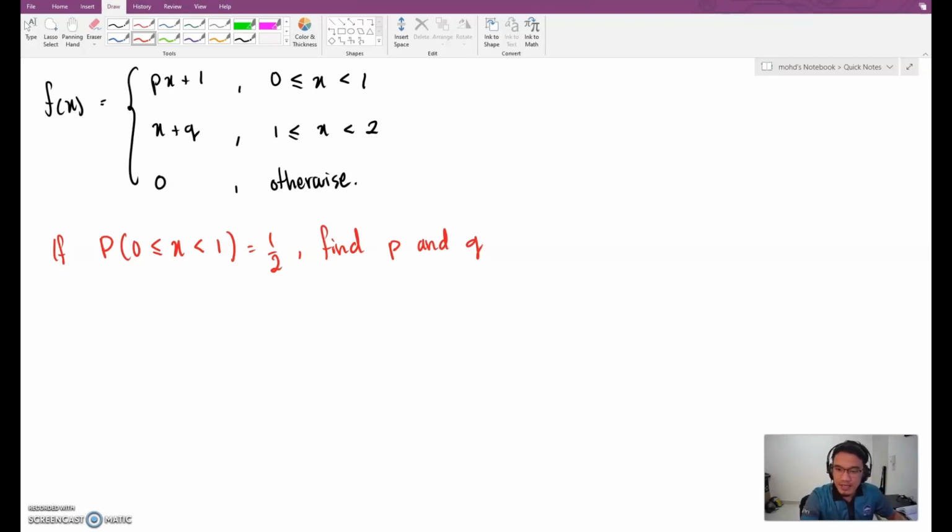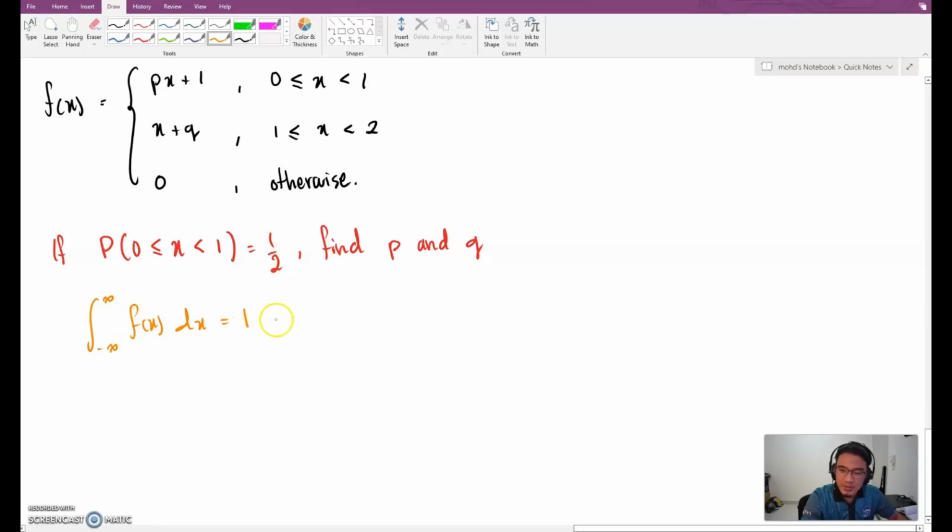The first task is to find the values of p and q, where we have been given the statement that the probability between 0 and 1 is equal to 1 over 2. So this is one equation, and another equation is that the integral from negative infinity to infinity of f(x) dx is equal to 1.